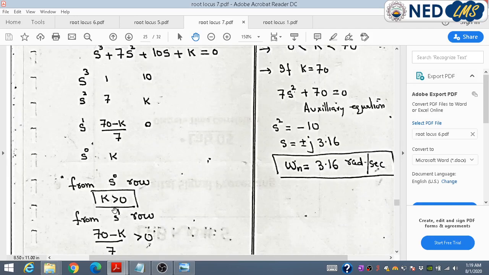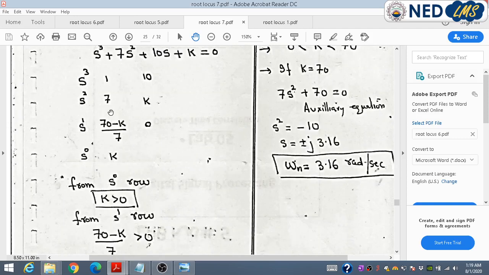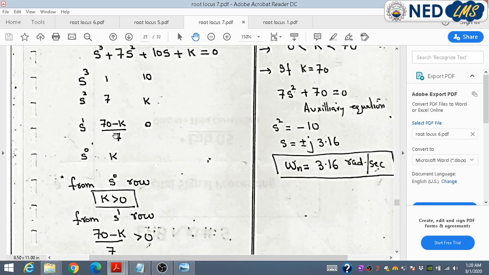Therefore, the first condition is that the value of K must be greater than 0 in order to have a positive value here. And with respect to s to the power 1 row, the first term is (70 minus K) divided by 7. This term should be greater than 0 in order to have a positive value here.